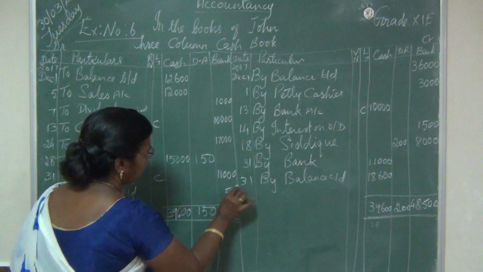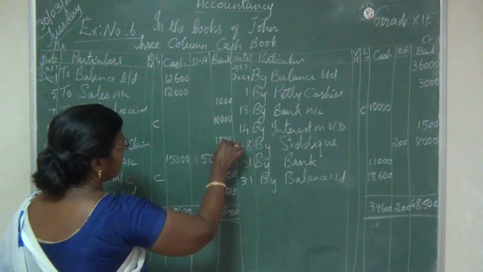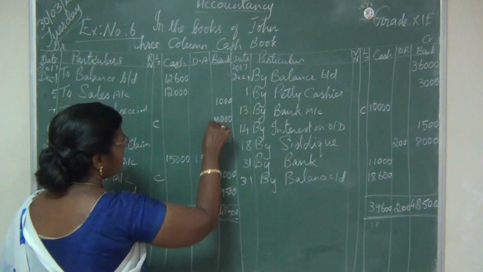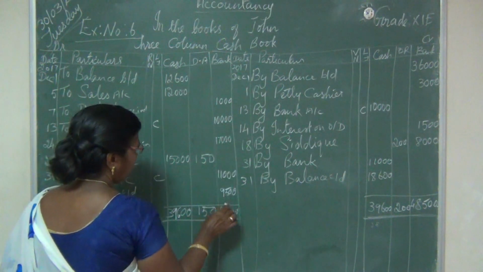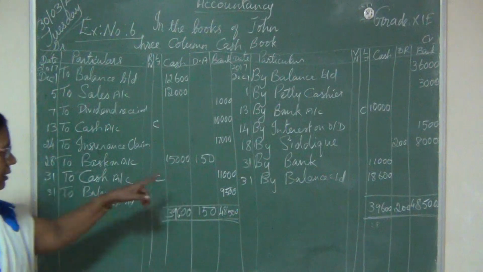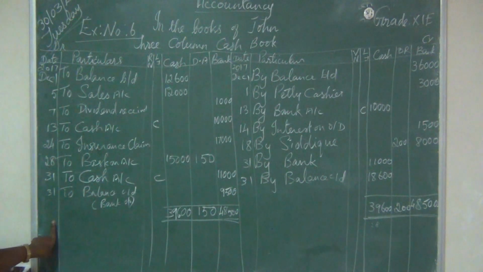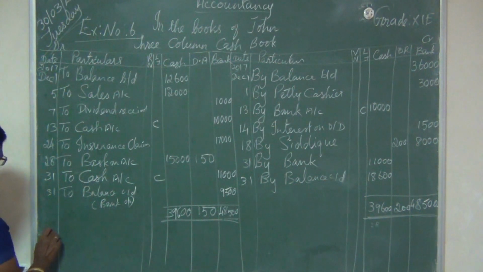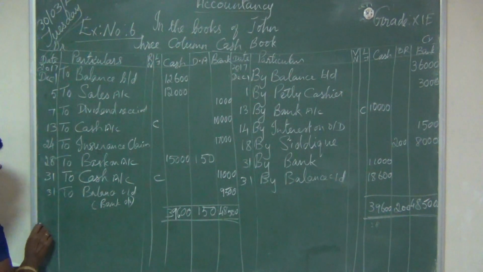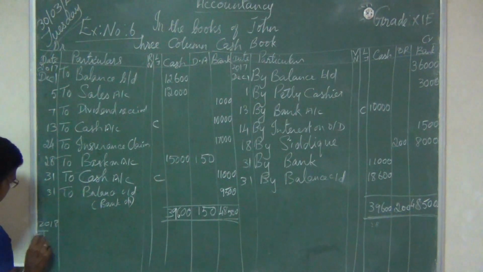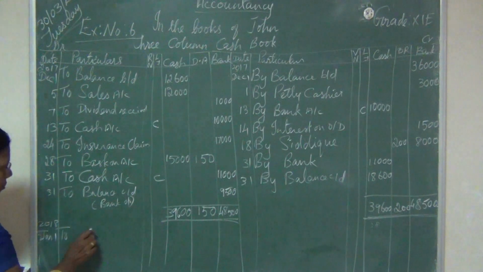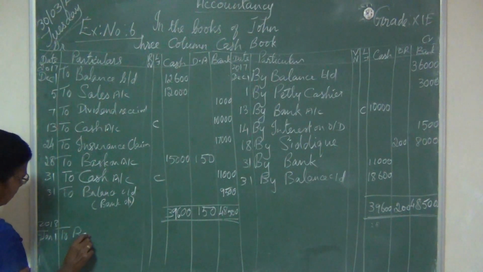Adding the other side, the total is 48,500, and the balance is 9,500. Then next date we have to start with the opening balance, isn't it? So January 1, 2018, balance brought down.